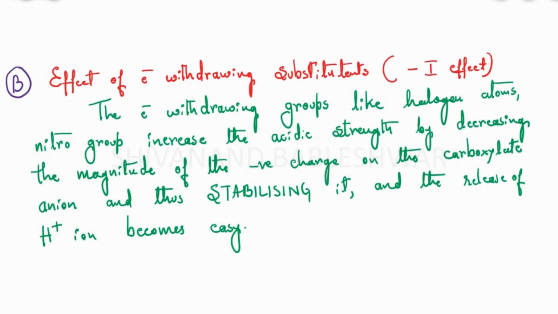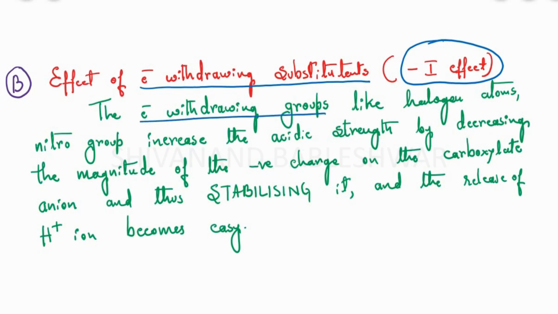So far we have learnt the effect of electron releasing substituents. Now we are going to concentrate on the effect of electron withdrawing substituents. These take electrons from the carboxylic group, so they show the negative inductive effect, called the minus I effect. The electron withdrawing groups are particularly halogen atoms or the nitro group.